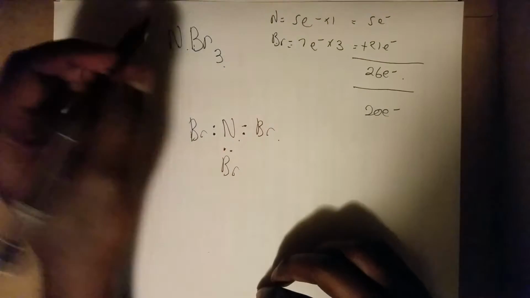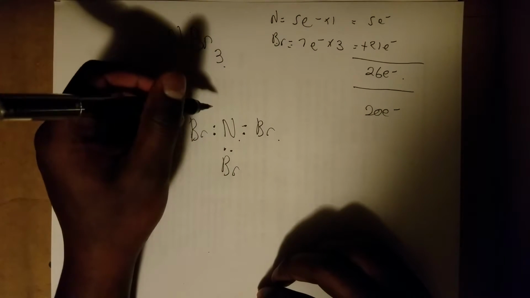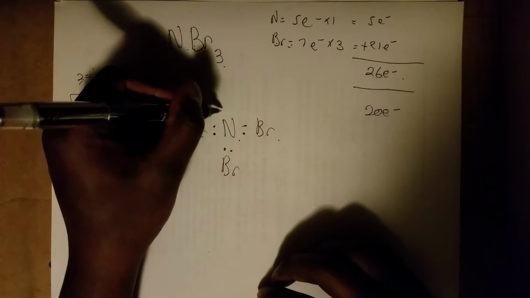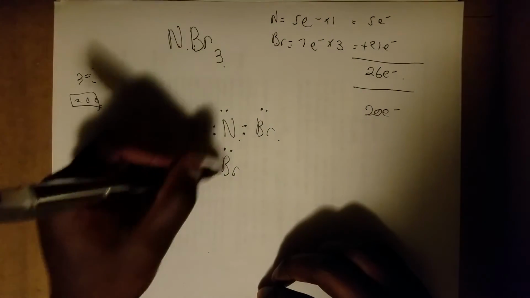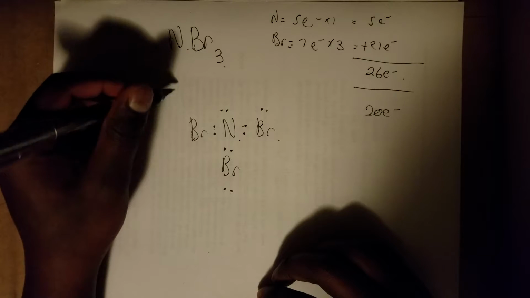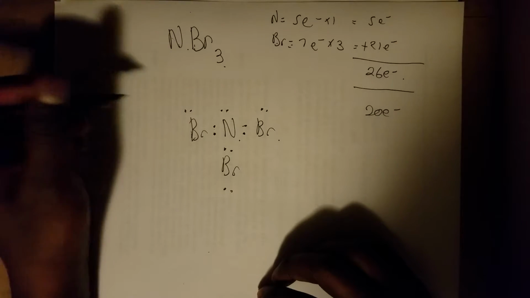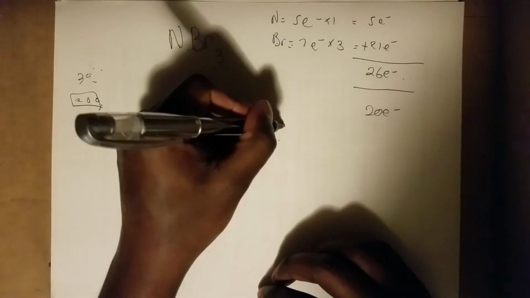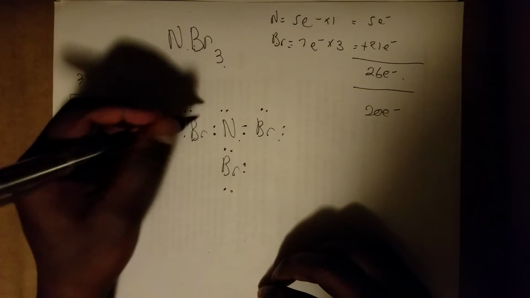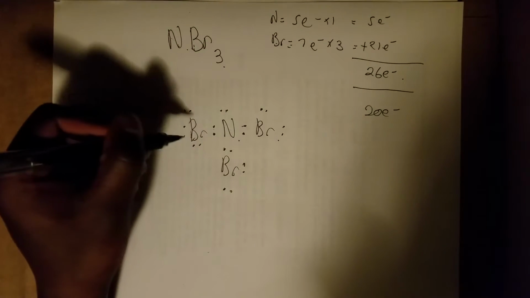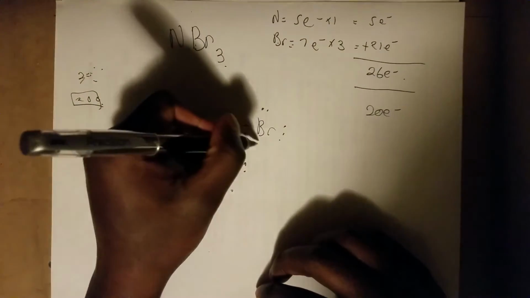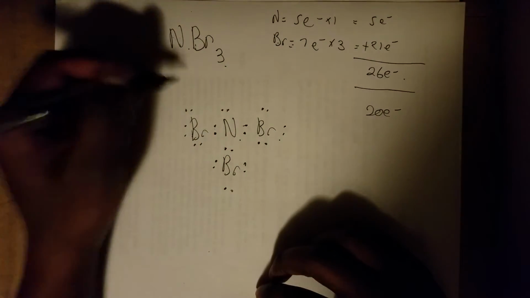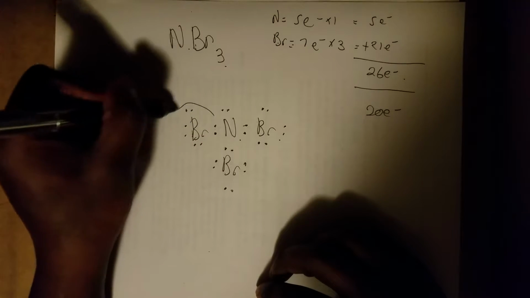You have 20 to distribute, so you put 1, 2, 3, 4, 5, 6, 7, 8, 9, 10, 11, 12, 13, 14, 15, 16, 17, 18, 19, and 20. So are they stable? They all have 8 in the outer shell.